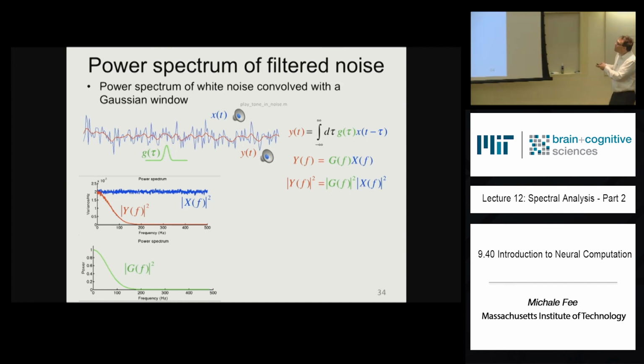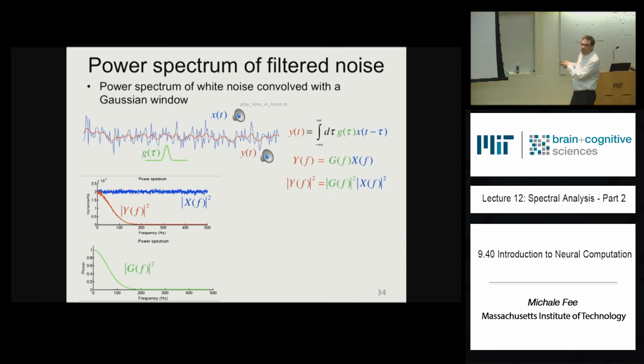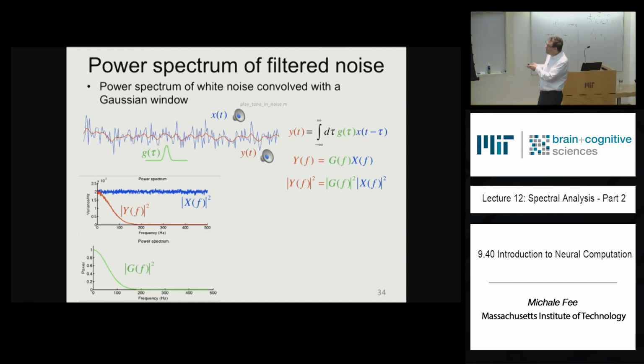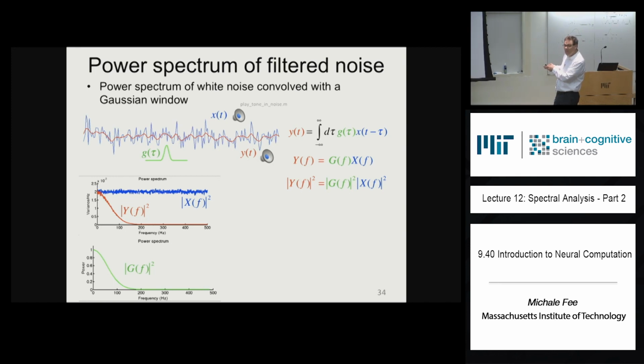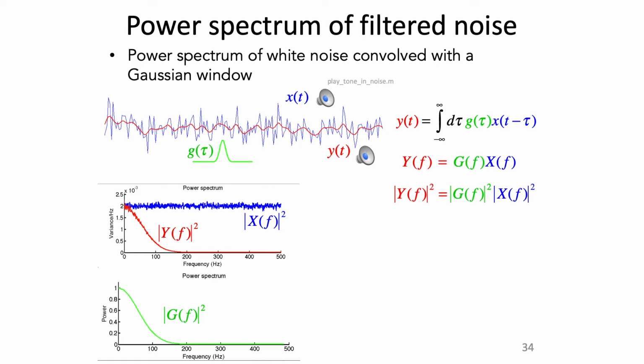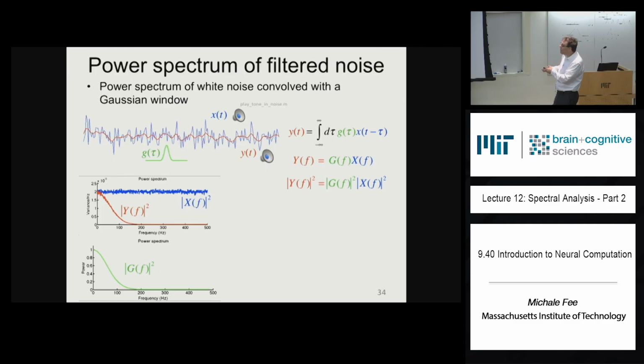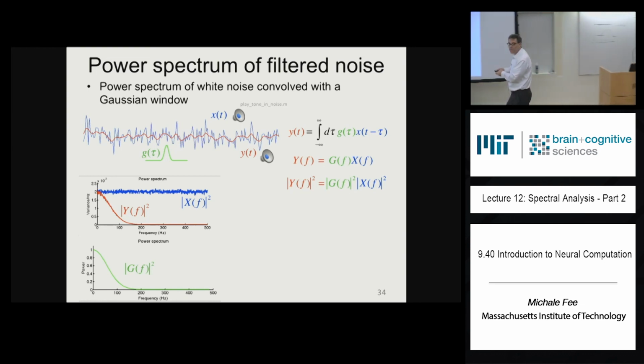So convolving our original blue signal with this green Gaussian kernel smooths the signal, gets rid of high frequencies. In the frequency domain, that's like multiplying the spectrum of the blue signal by a function that's 0 at high frequencies and 1 at low frequencies. Does that make sense?